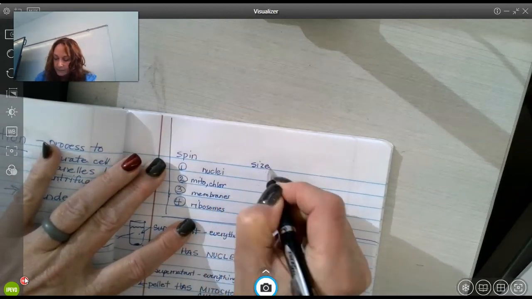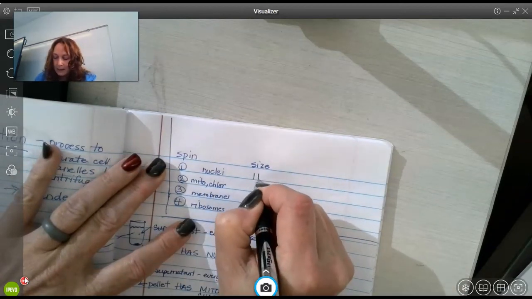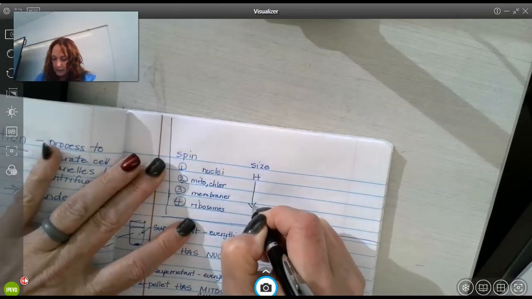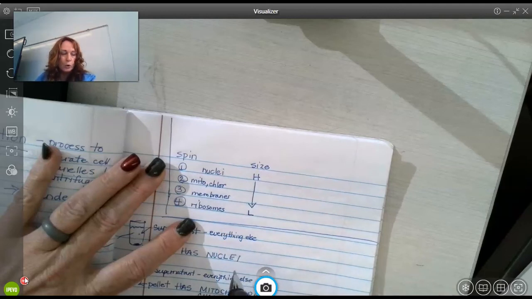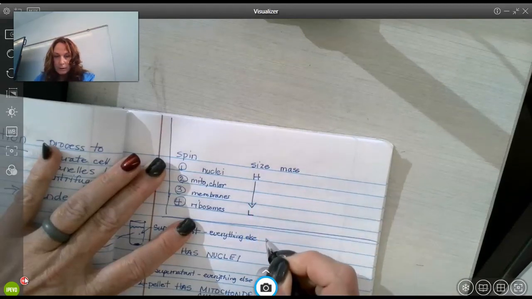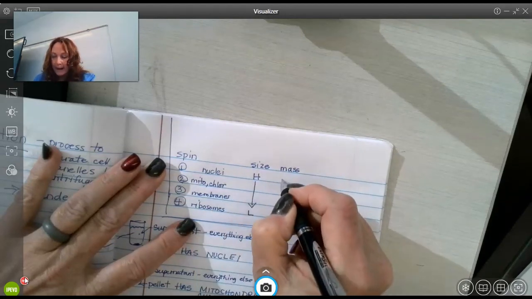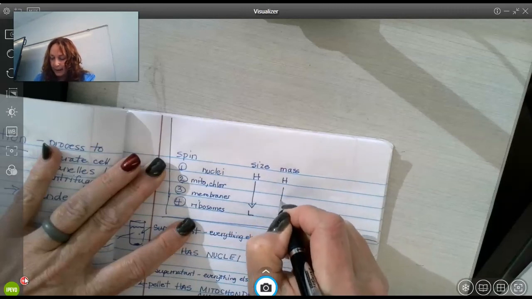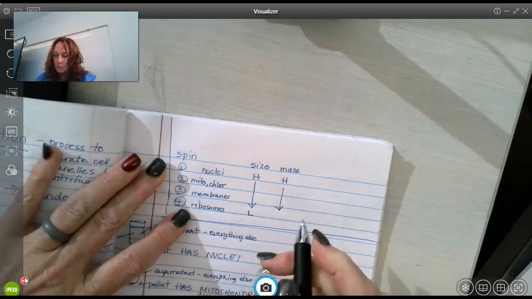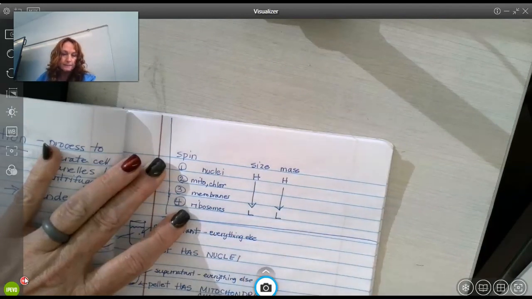So what you're going to notice about what you were able to spin out is by size, this has a higher size down to the lower, smaller size. Mass: the nuclei have more mass, so their mass would be higher, and as you go down this line, ribosomes would have the lowest mass.